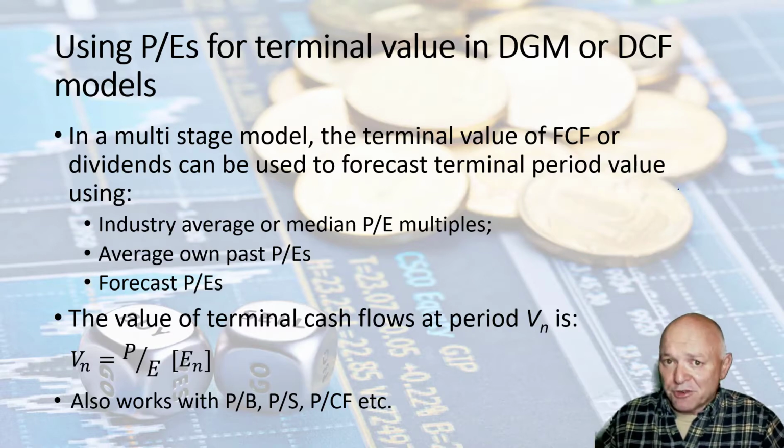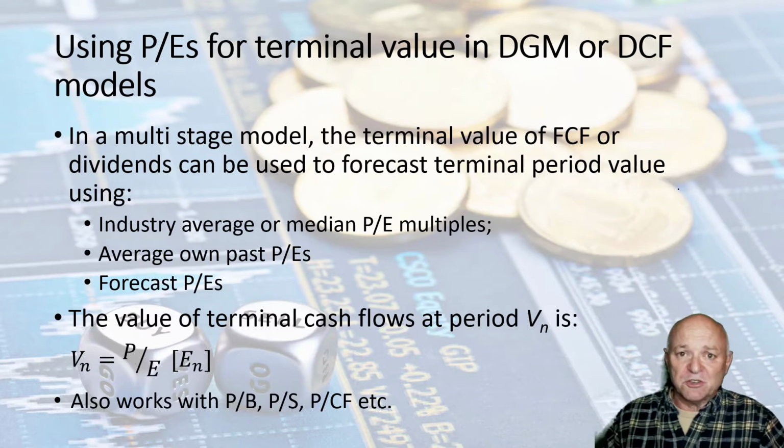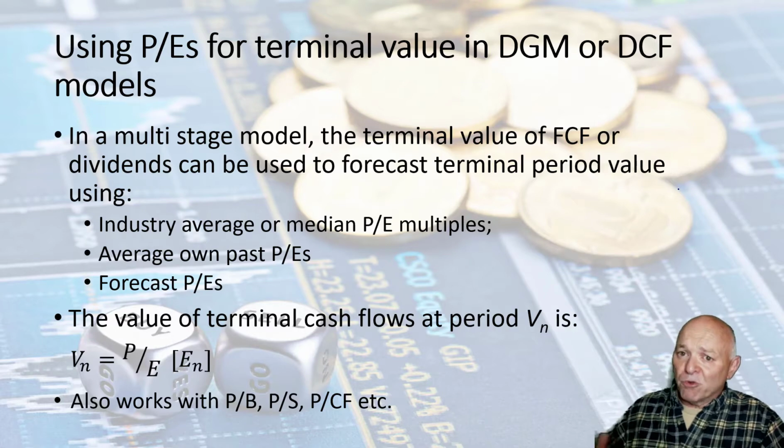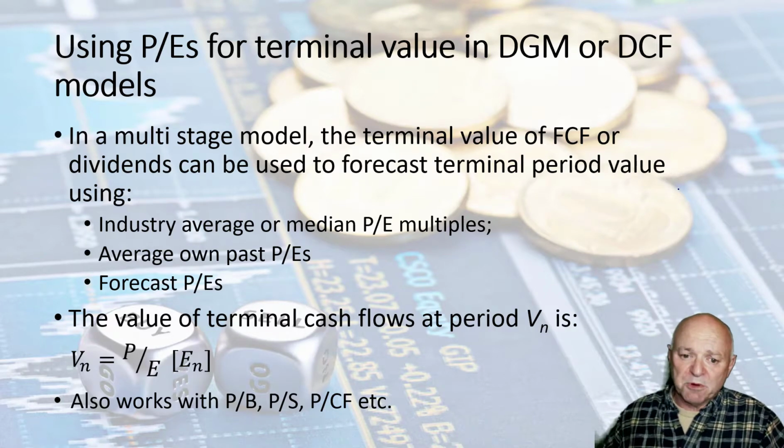We could take the average of our own price earnings multiples, we could use forecast price earnings multiples, and the way that would work was we would take the price earnings multiple that we recognize and multiply that by our forecast earnings per share in the last period.